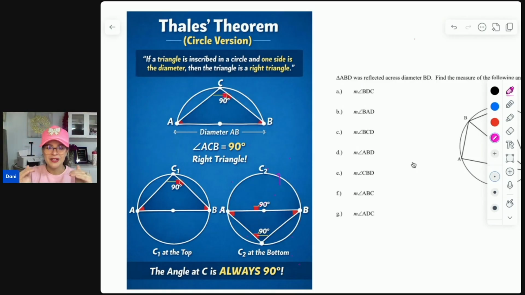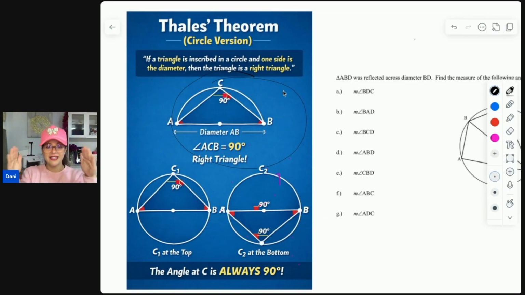So the diameter will create a semicircle, as you see. Let me get a marker out here. As you see here, we have a semicircle. So here's the key rule: an inscribed angle measures half the arc it intercepts. In a diameter, or in that semicircle, that's 180 degrees, because a full circle is 360. So half a circle is 180.